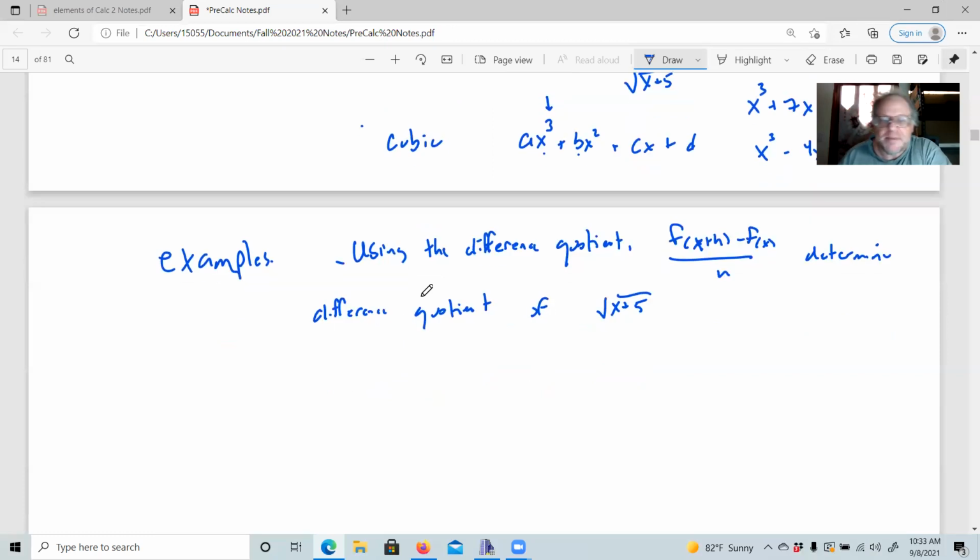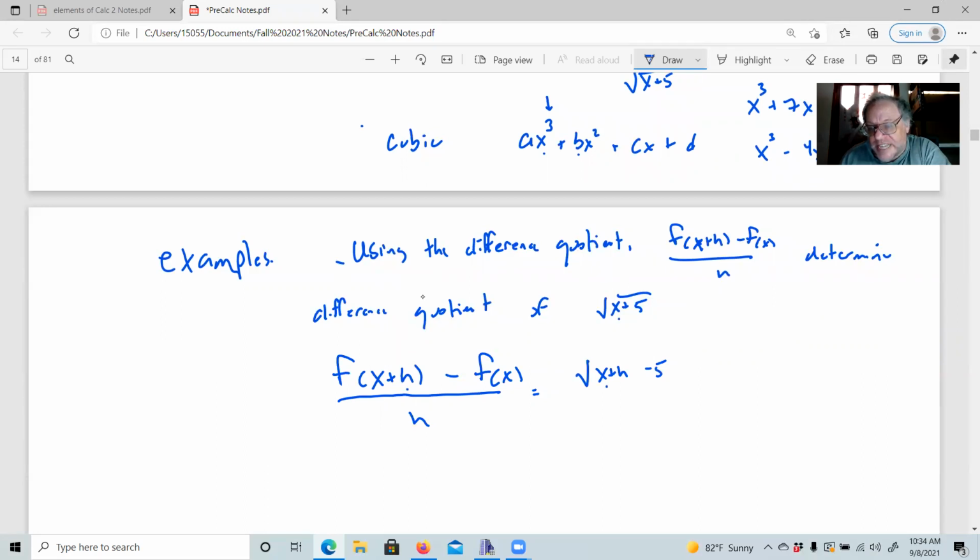So how do we set this up? We're going to write this down. Now remember, function notation, right? Whatever you see here, you're going to replace x by what's over here. So this is equal to the square root of x plus h plus 5. We substituted x plus h in for x.